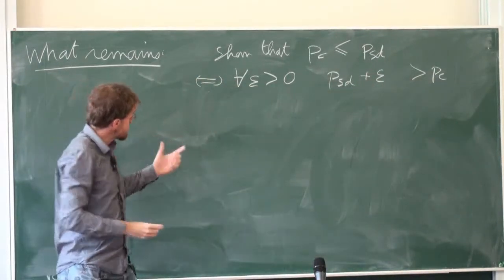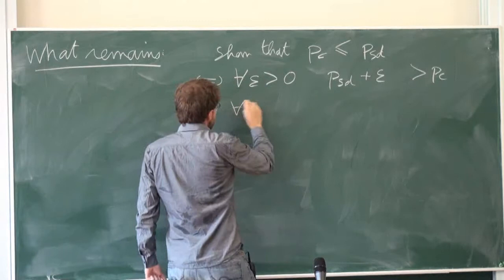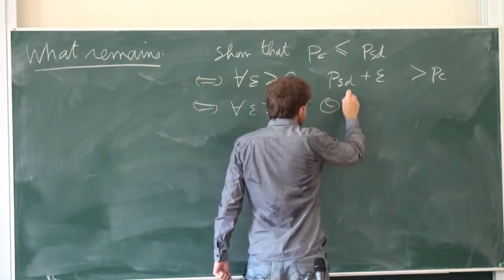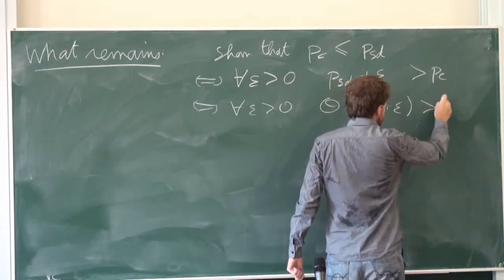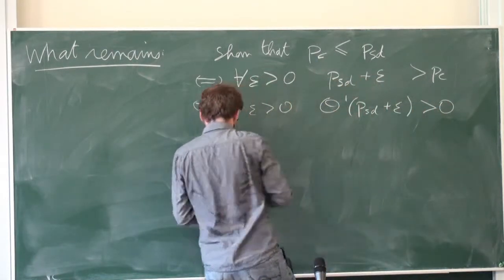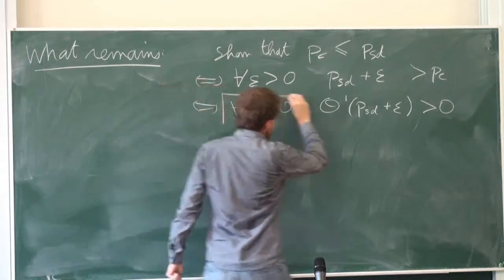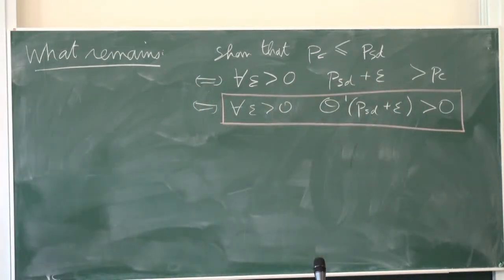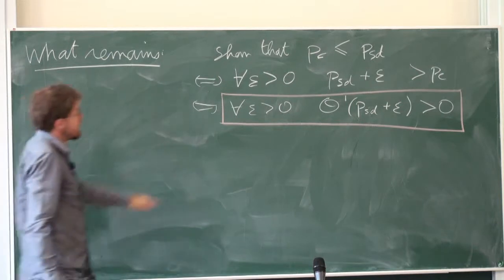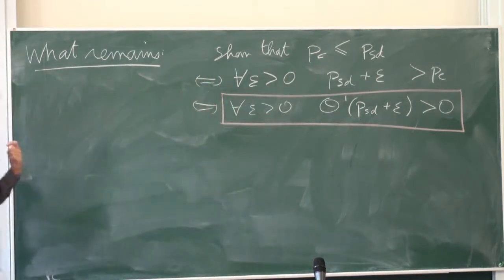So what we want to show is that for any epsilon positive, theta 1 of P self-dual plus epsilon is strictly positive. So this is what we have to show. Maybe the self-dual point is not supercritical in the sense that it doesn't percolate, but as soon as you enhance it a little bit, it becomes supercritical. If you can show that, then you get this bound and you get the equality between PC and P self-dual.